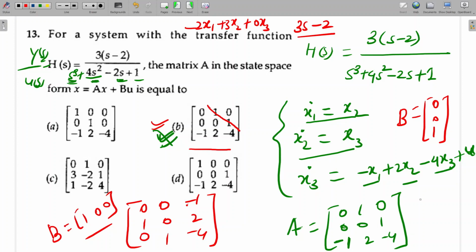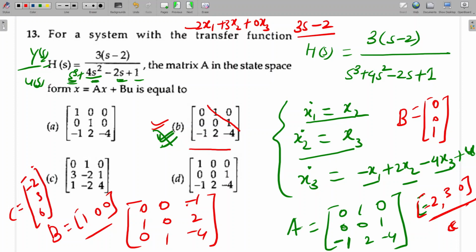So for this system C will be minus 2, 3 and 0. This will be C for this controllable form, but for observable, C will become just the transpose of this one. So that will be minus 2, 3, 0. So this will be observable form. Is it clear? Yes, sir. Okay. Moving to the next question.